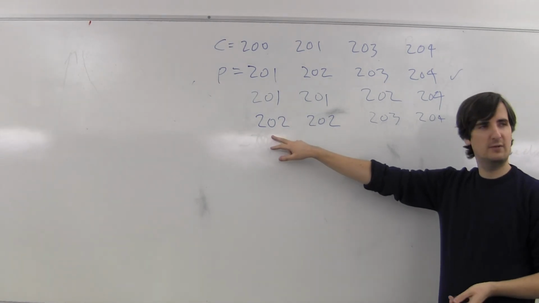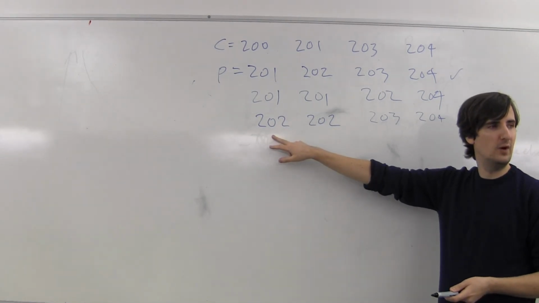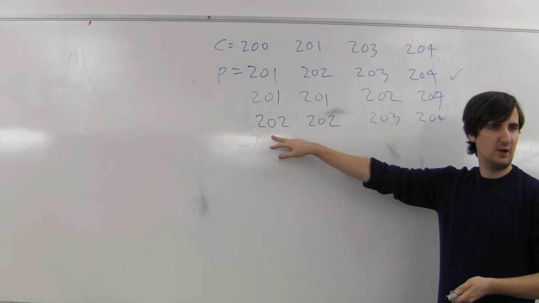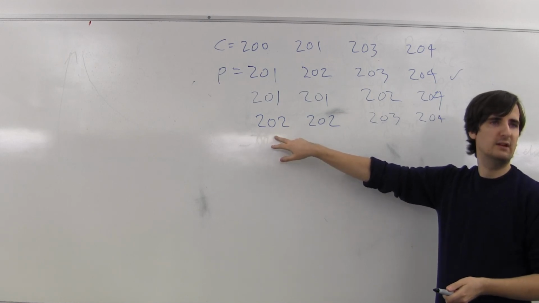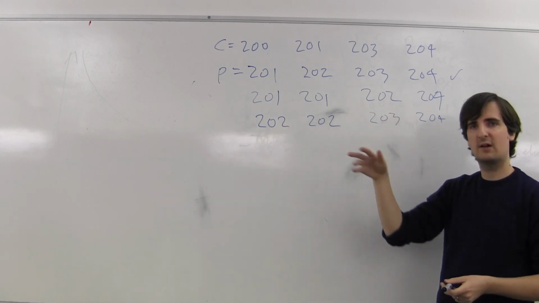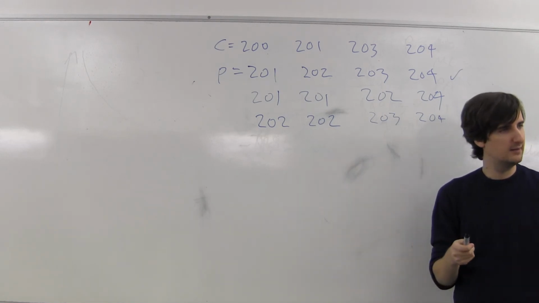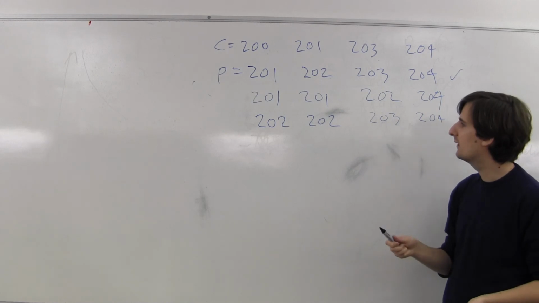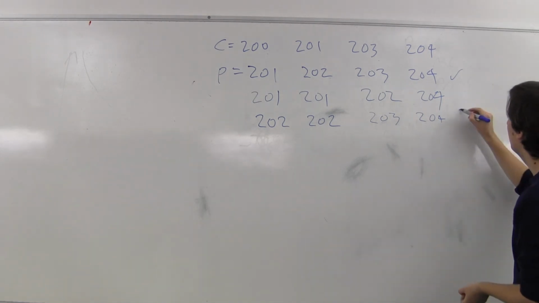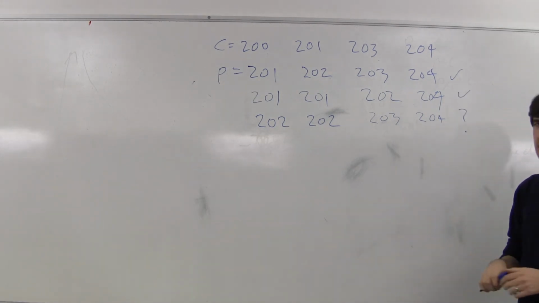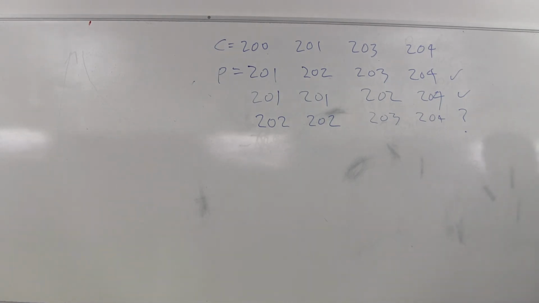They have the option of getting the whole market at 201. So if the demand curve is totally inelastic, then this equilibrium exists. If the demand curve is downward sloping, then they'll always prefer to get the whole market at a slightly lower price. Okay. So I'll give this one a question mark. It depends on the demand curve.